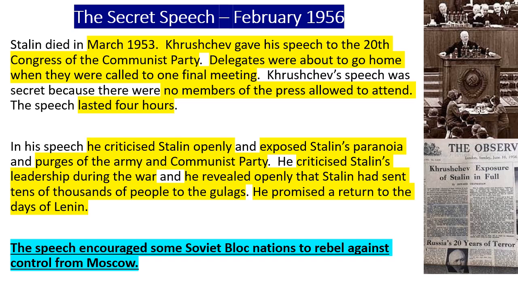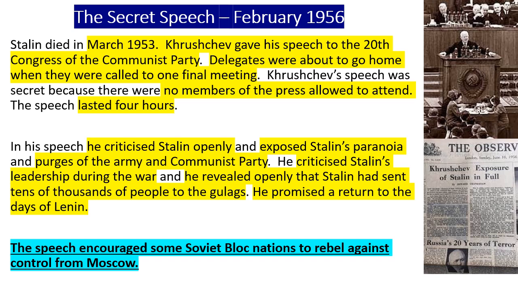things, or things that until then would have been dangerous. He criticized everything that Stalin had done. He exposed him for his brutality and his paranoia, and the fact that he was personally responsible for purges that had taken place in the 1930s of the army, the Communist Party, and the Gulag system.